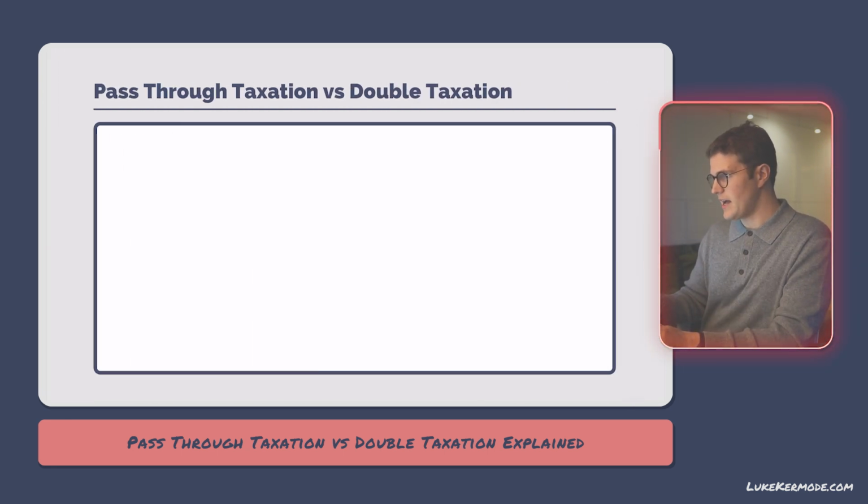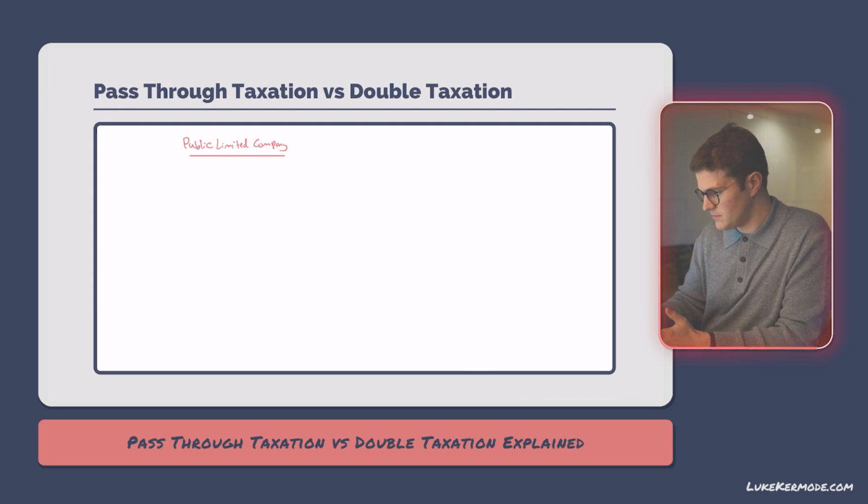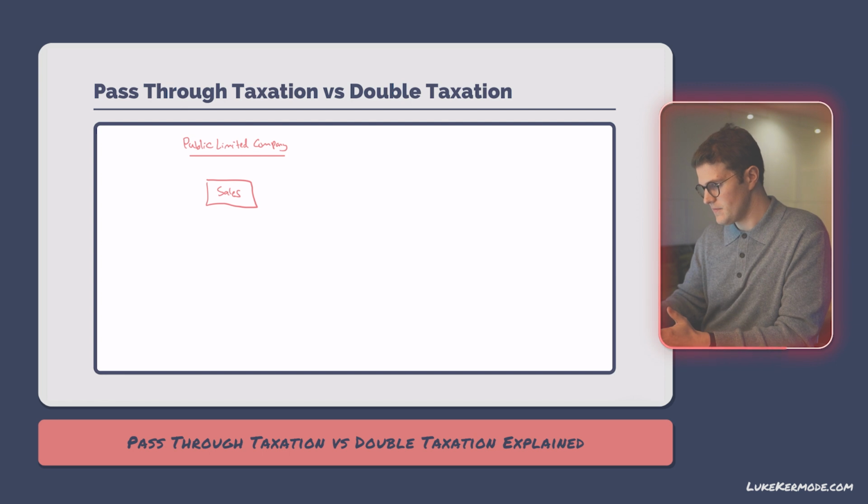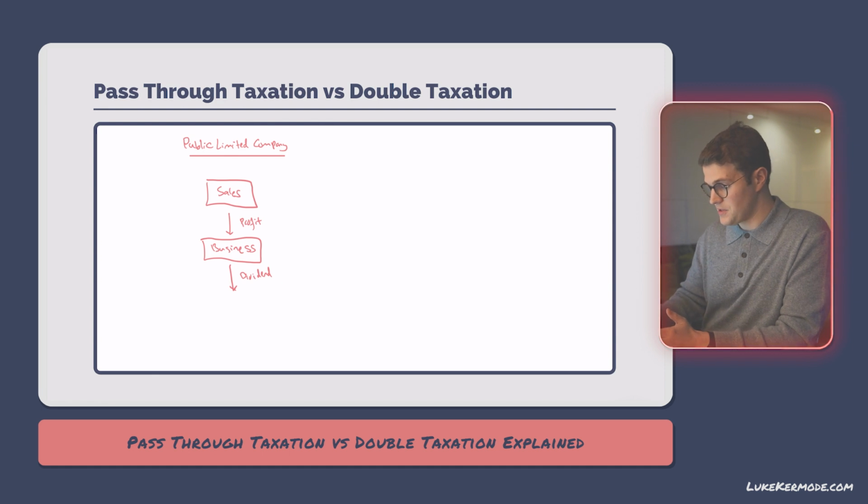So let's look at the public limited company first. The public limited company generates sales, which create revenue. These sales create a profit for the business. Then the business will pay some or all of that profit out as dividends to the owners, the shareholders in the business.